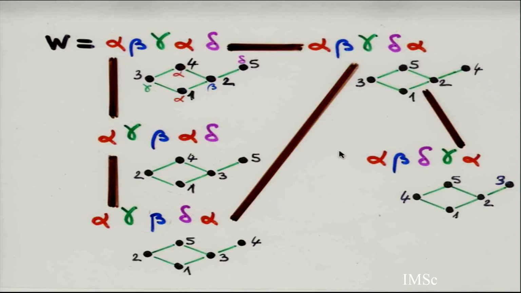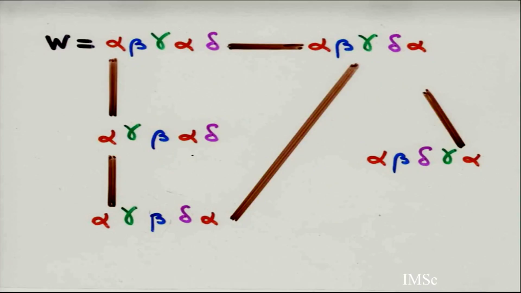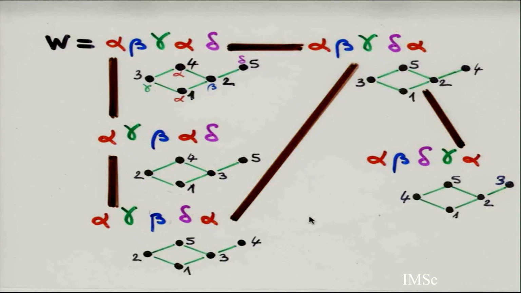This is alpha, this is beta, this is gamma, this is delta. Alpha and beta are independent, gamma and beta are independent, beta and delta are dependent, and gamma, delta are not independent. So go back to the diagram of last time, and you have the 5 possible words with the 5 possible linear extensions of the poset.